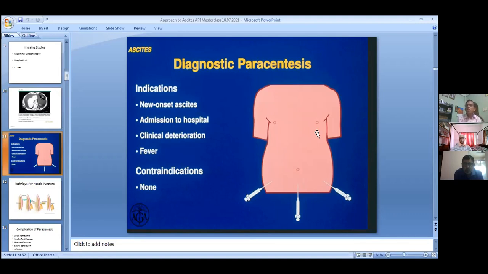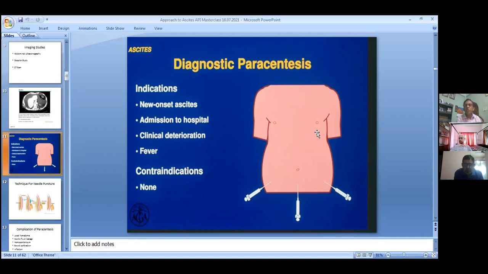Then the next step in the evaluation of ascites is diagnostic paracentesis. The paracentesis should be done for the first evaluation of ascites. So in a new onset ascites, you should not avoid this step. This is very important. The diagnostic paracentesis is a very simple, safe procedure, and it can give you a lot of information for the diagnosis and further evaluation.